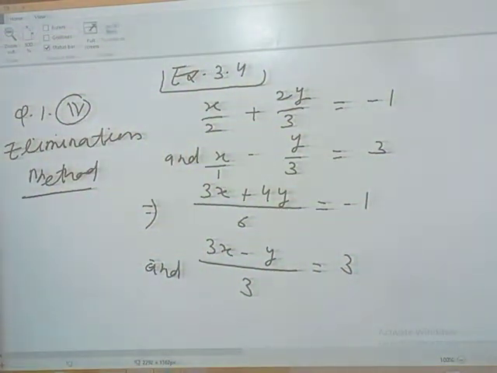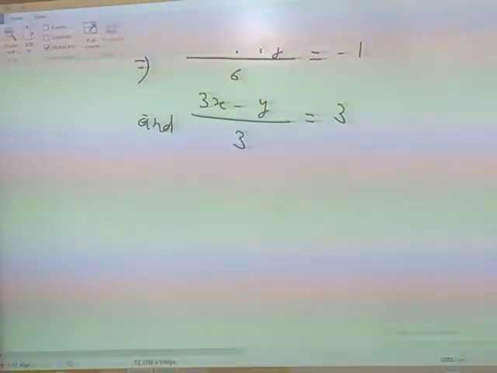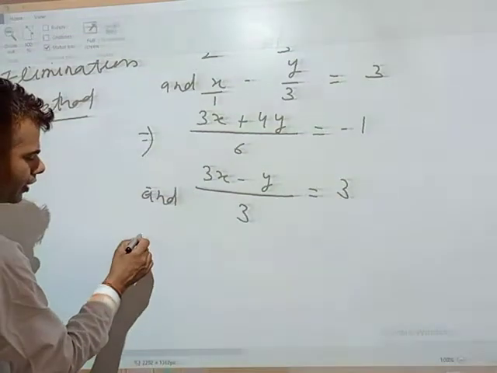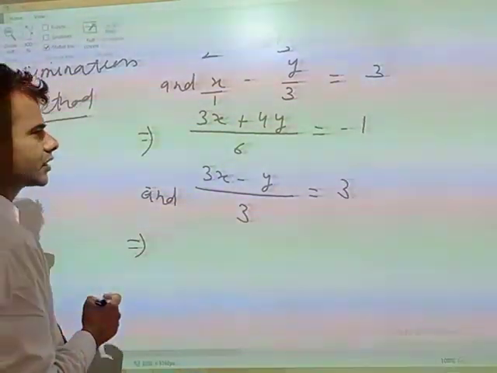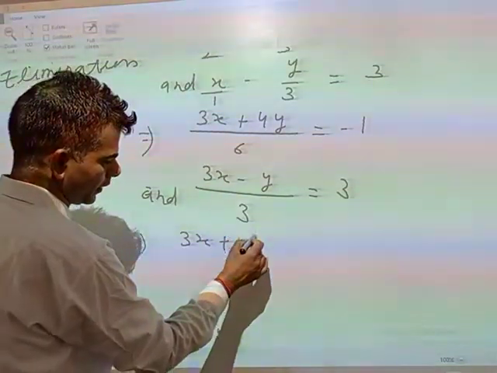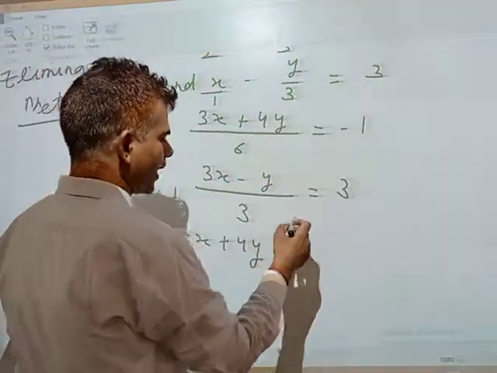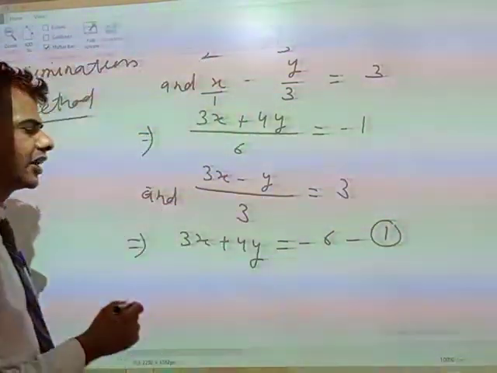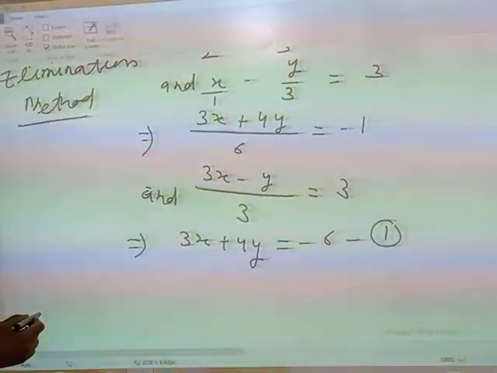Student, any doubt, any problem up to here? No. Now student, your pair of linear equation becomes 3x plus 4y is equal to 6 into minus 1, that becomes minus 6. That is first linear equation in two variables.